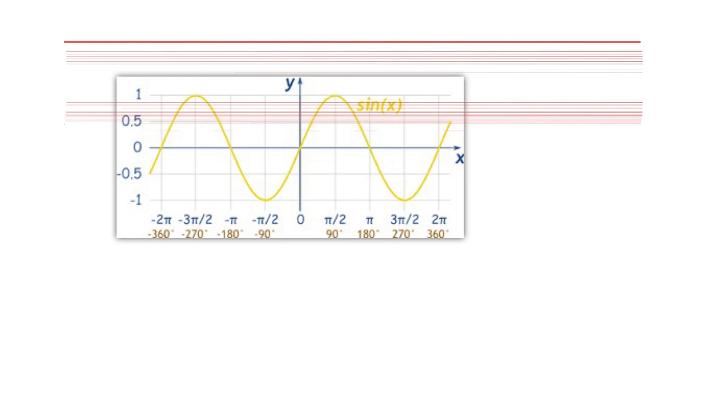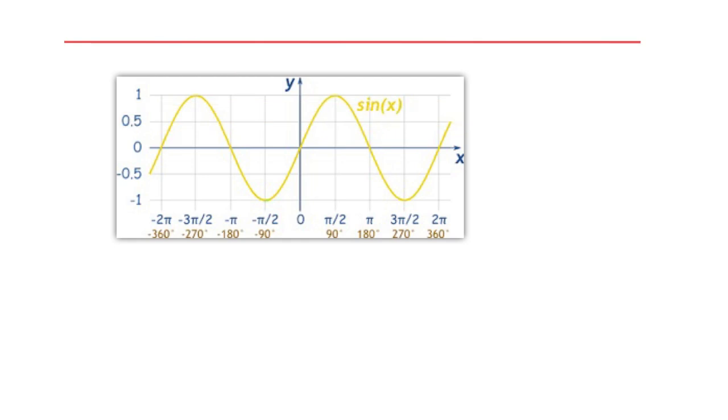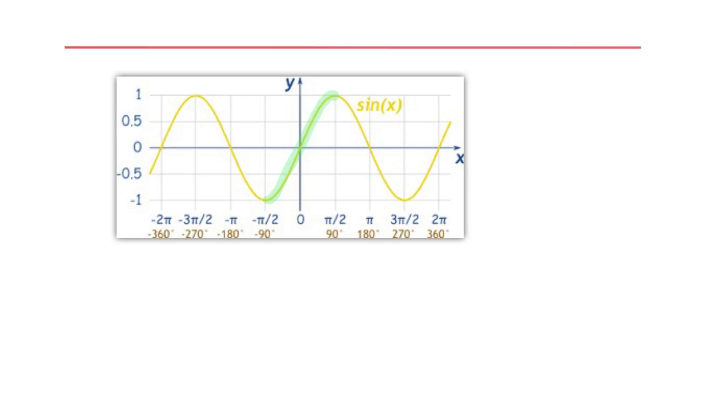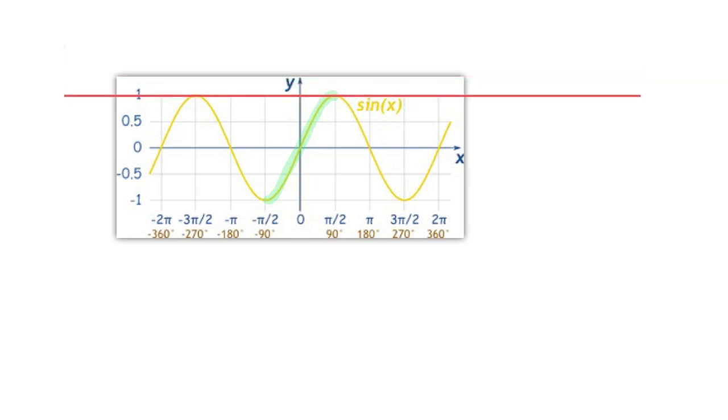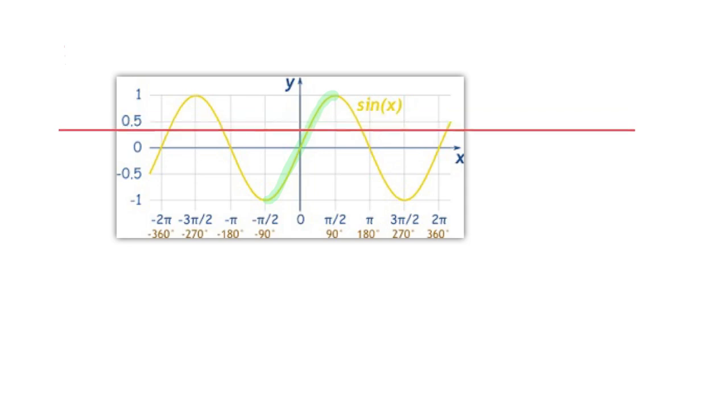So what mathematicians say is that they restrict the domain only to this region here that I'm going to highlight. Right there. Now, if you think about it, that region would indeed pass the horizontal line test, right?